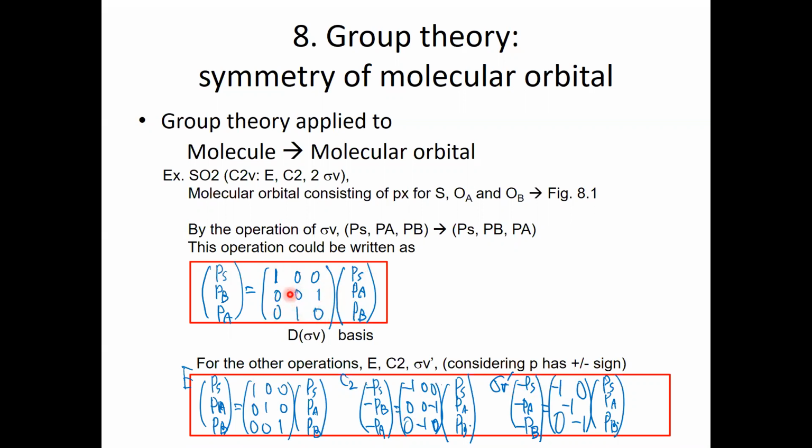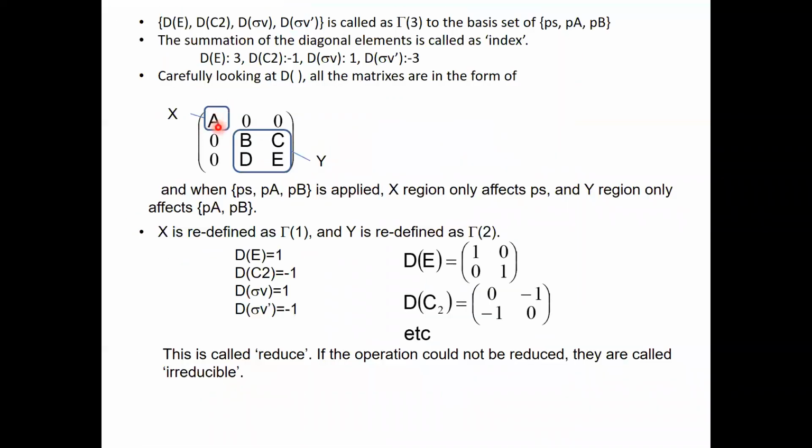So these two, the 2 by 2 matrix, are interacting with each other. What we could understand is that this part, called X, and this part, called Y, are independent. The X region only affects the PS orbital, and the Y region only affects the PA-PV combination. So these could be separated.